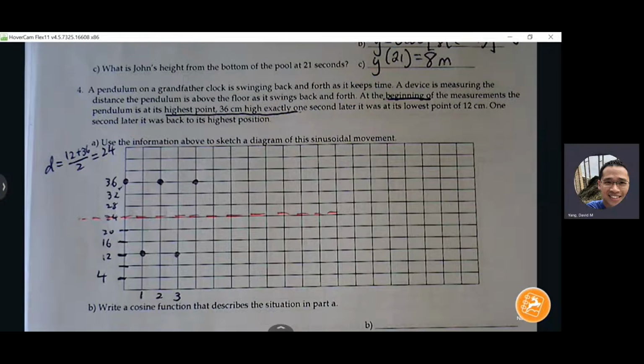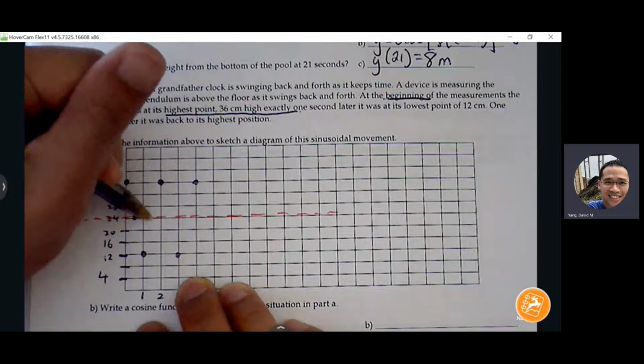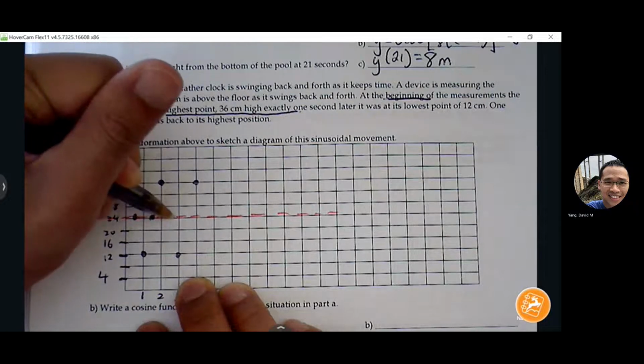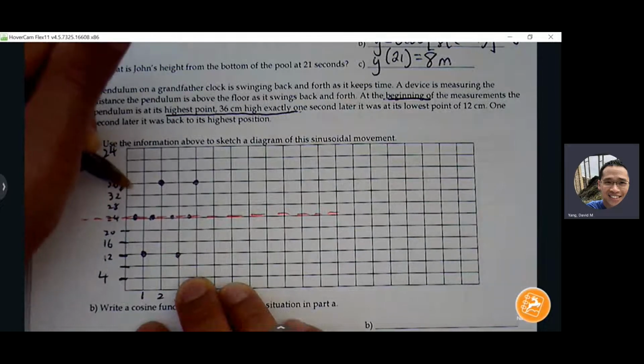So if 1 second is half the period, then we know half a second is a quarter, right? So we can easily figure out where these midlines will go. Again, I'm extending it a little bit in preparation for the sine.